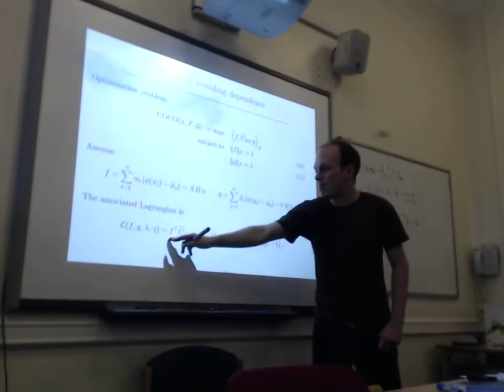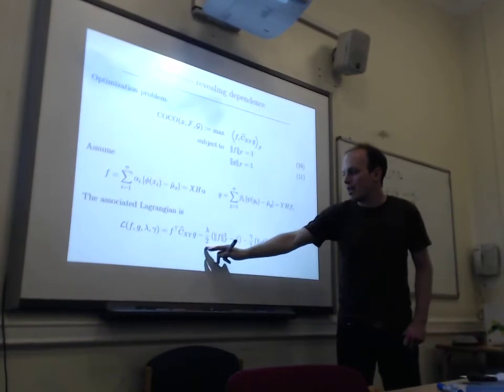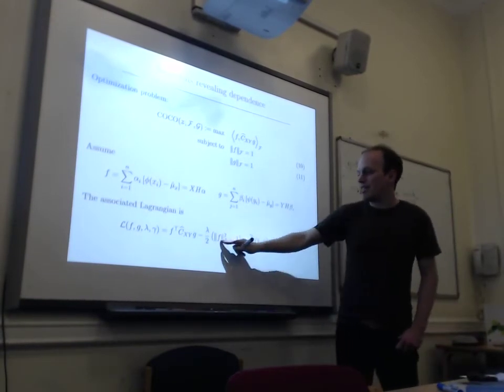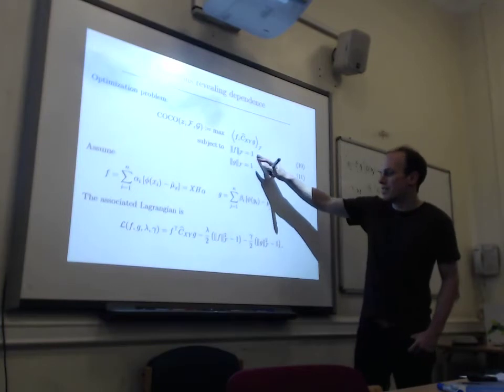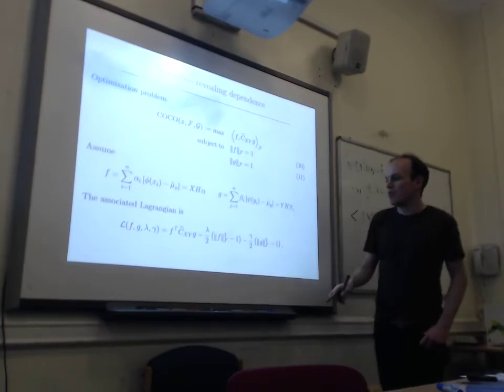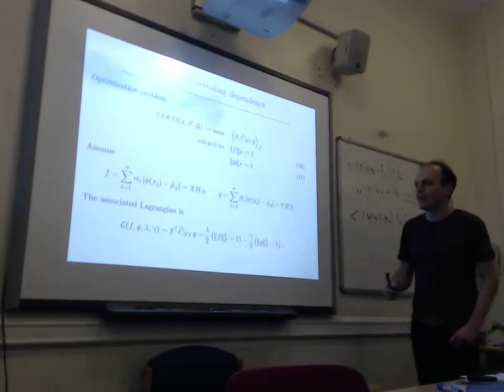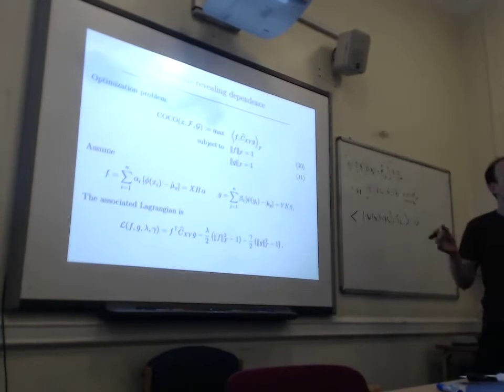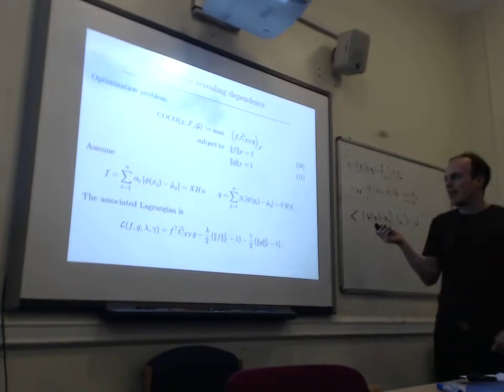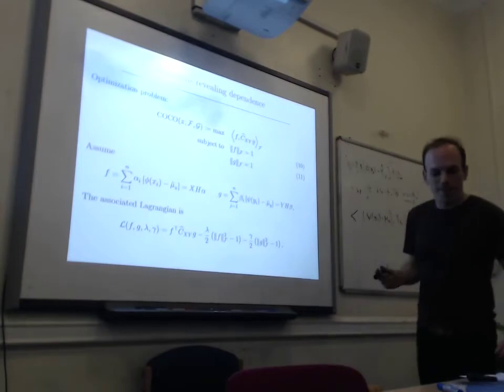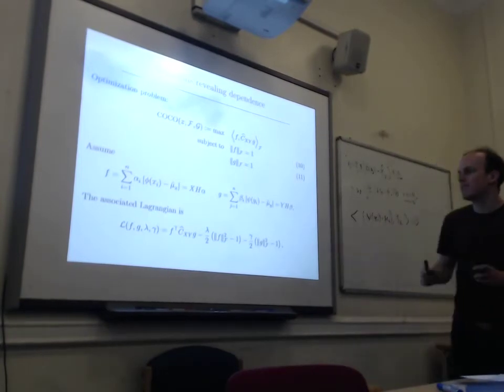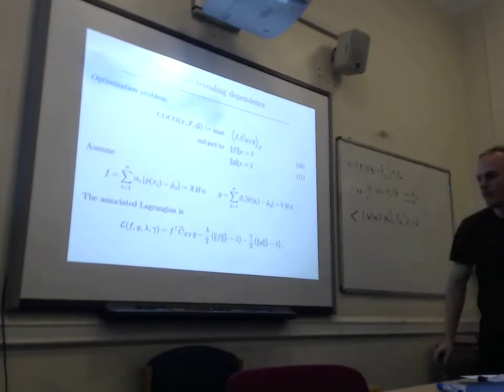So I've got maximize this, and then a Lagrange multiplier times this thing for my first equality constraint, and a second Lagrange multiplier for my second equality constraint. Now this is what I want to solve to get my constrained covariance.